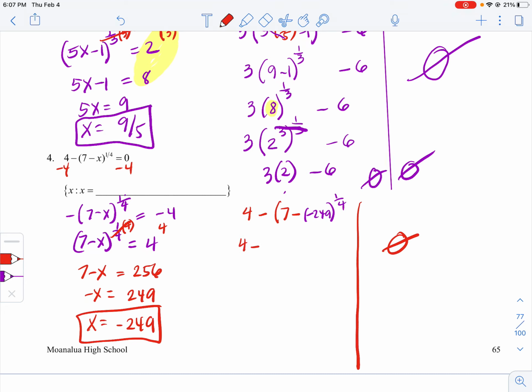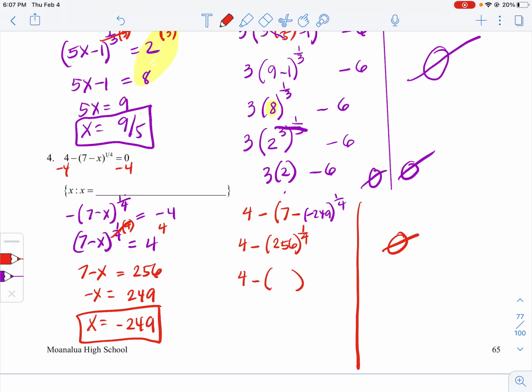This is 4 minus, 7 minus negative 249 is technically saying 7 plus 249, right? So that is 256 to the power of 1/4.